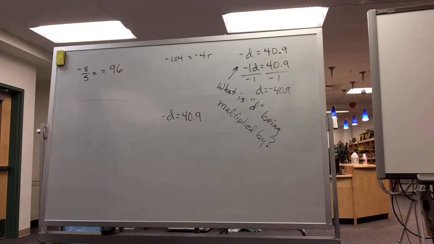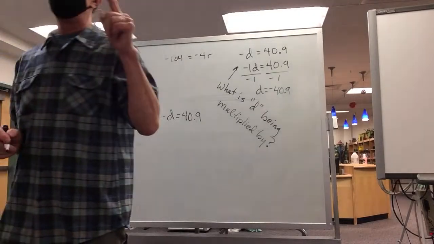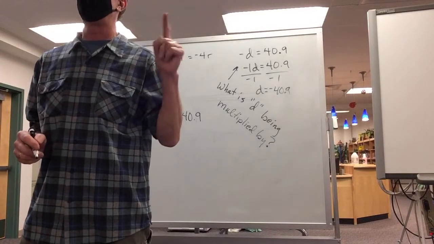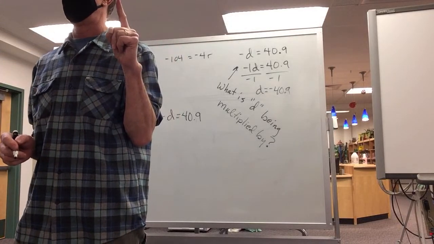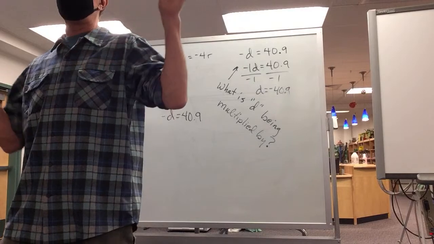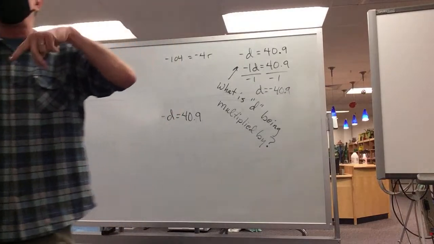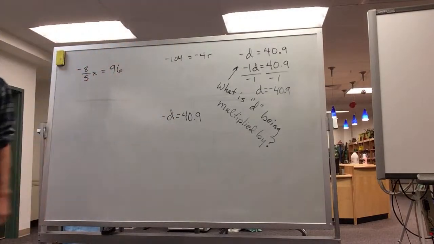What is the reciprocal of -1? 1. Okay, let me define reciprocal for you again. The reciprocal of a number is what you multiply by to equal 1. Emma asked, what's a reciprocal? I said, you take a fraction and you flip it upside down.